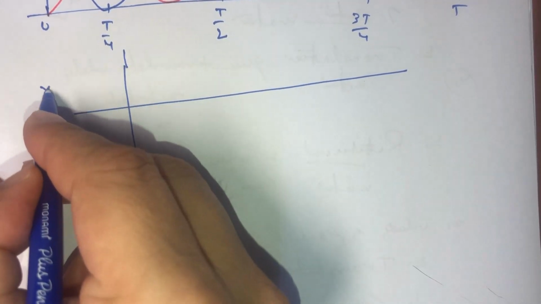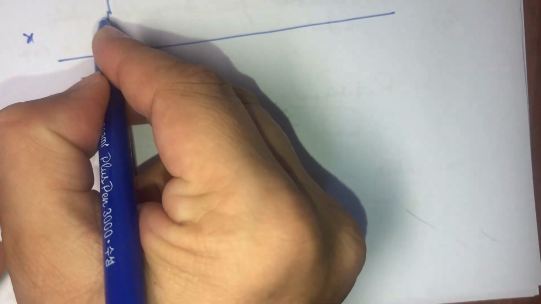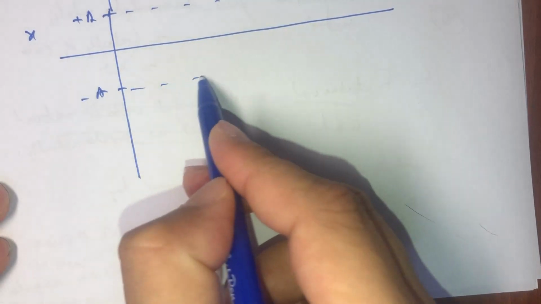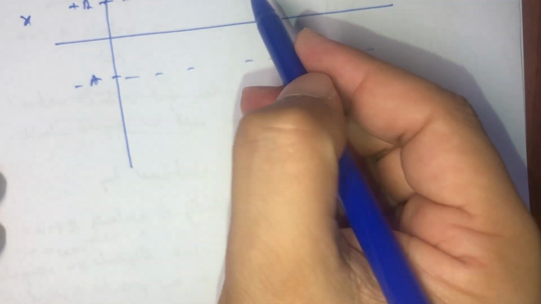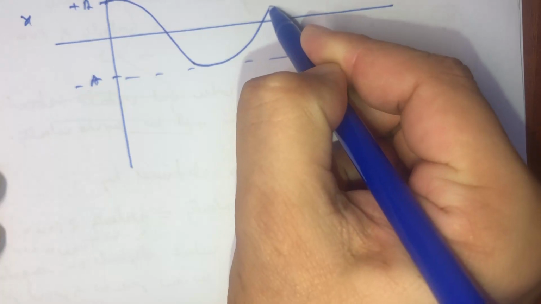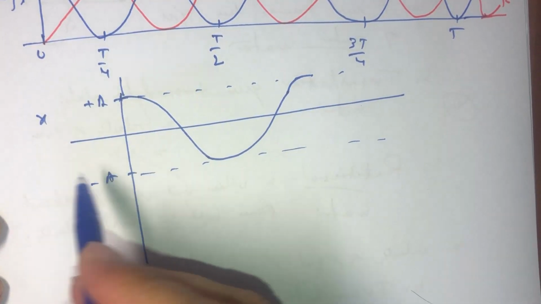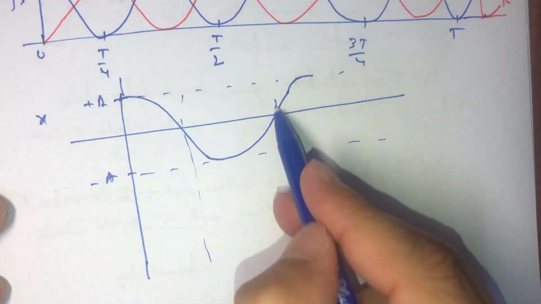So this is our distance x, and we have plus a, minus a, so it will be going like this and like this, so this will be our x, and we can plot our velocity also.